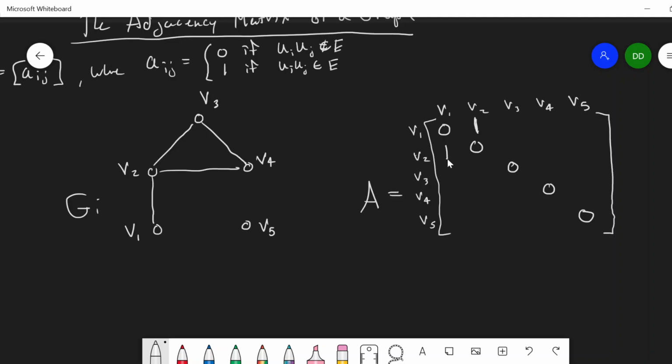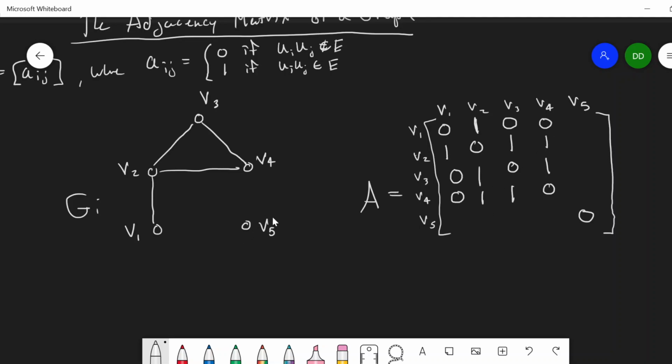v3, v2 is an edge, so v2, v3, I put a 1 there. Let's see, v3, v1 is not an edge, so 0 there and 0 there. And we just continue like this. v3, v4 is an edge, so I put a 1 there, 1 there. v2, v4 is an edge, so 1 there, 1 there. v1, v4 is not an edge, so 0, 0.